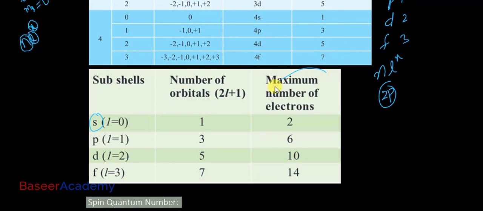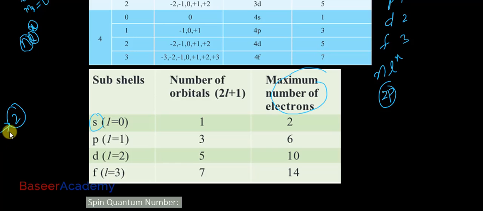And what is the maximum number of electrons in each subshell? See, s has one orbital. Remember, the maximum number of electrons that each orbital can occupy is 2.